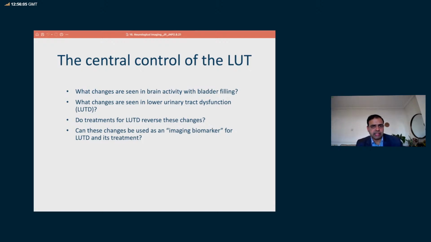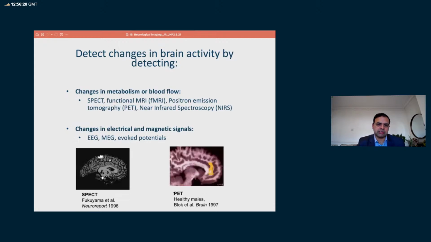What changes are seen in lower urinary tract dysfunction? Do treatments for lower urinary tract dysfunction reverse these changes? And can these changes be used as an imaging biomarker for dysfunction and its treatment? Sadly, we don't have answers to most of these questions, but it does open up the intrigue and also opens it up to listeners of this module in regards to future research questions.